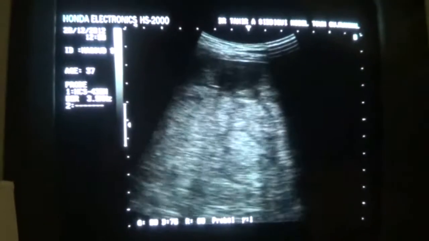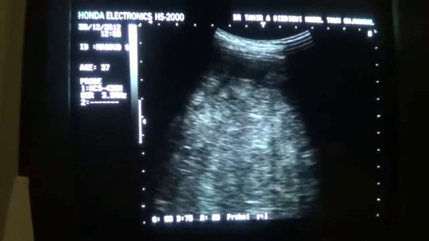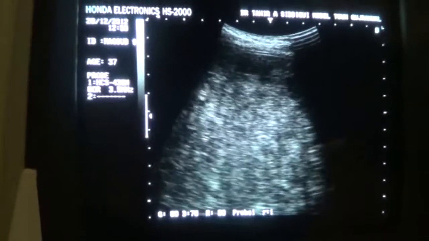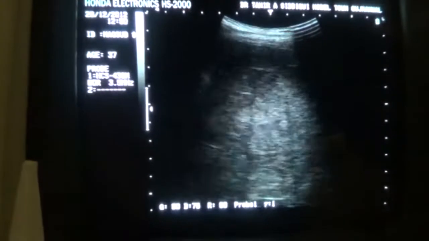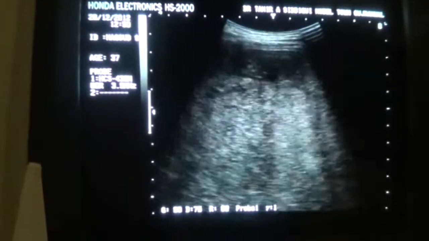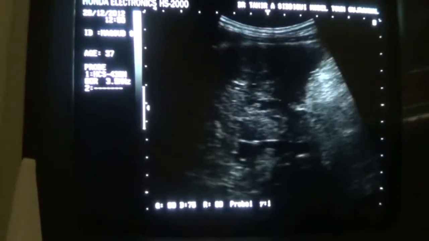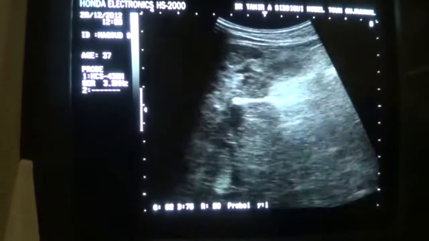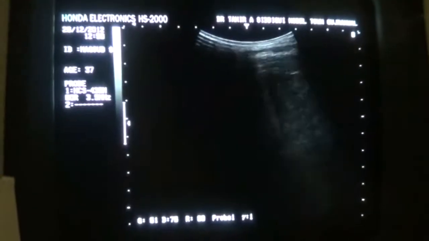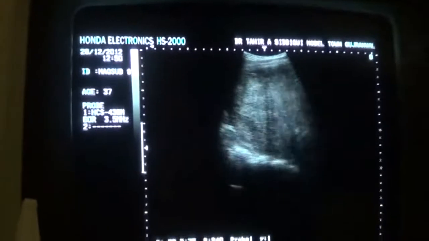This is what we will call an infiltrative variety of solid mass, involving all of the right lobe of the liver, all its segments, and sparing the left lobe of the liver. This is the left lobe of the liver. There is no fluid seen above the diaphragm.